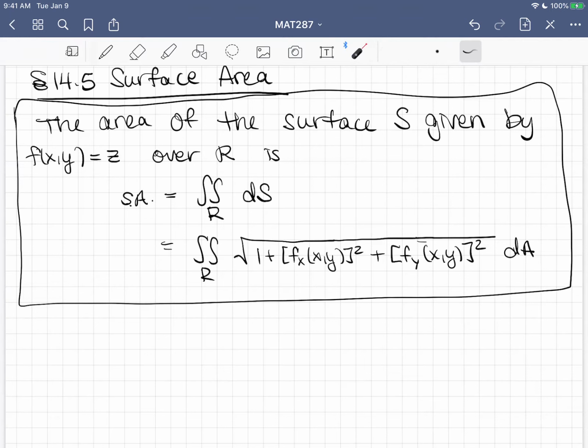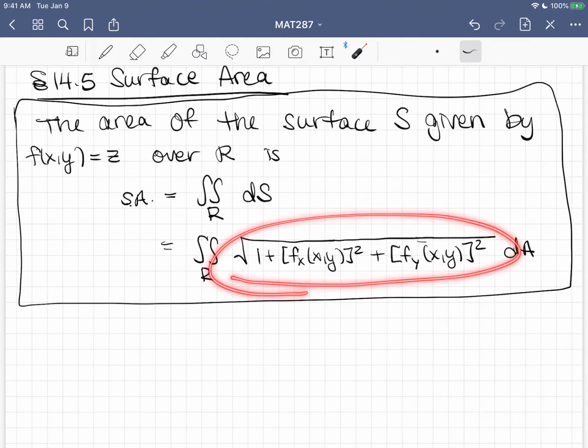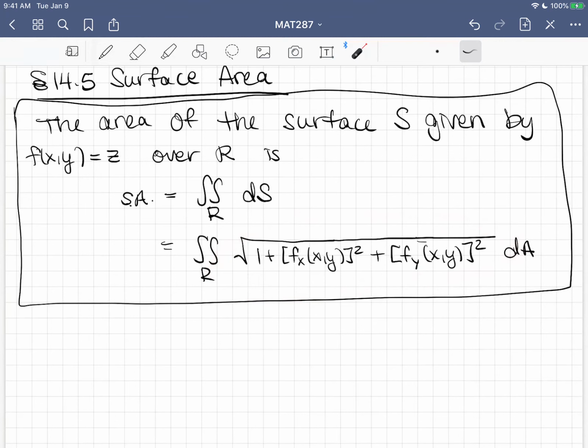I wanted to point out a couple things about this formula. So notice we use this capital S. If you recall, when we used a little s, ds was giving us arc length, right? And this formula looks really reminiscent of the formula we used in arc length. And in fact, remember in arc length, we had a function of only one variable.